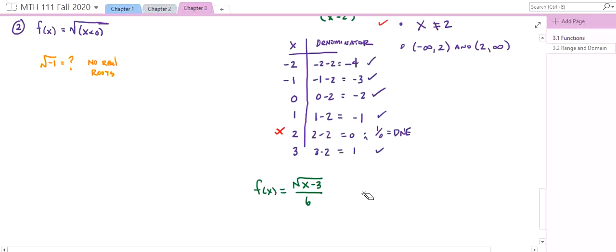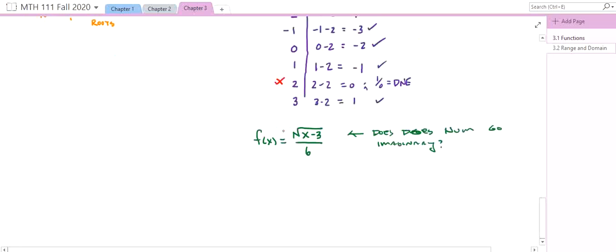So let's see. When does the numerator go imaginary? That's going to be a problem. We're going to have to exclude that from our domain.